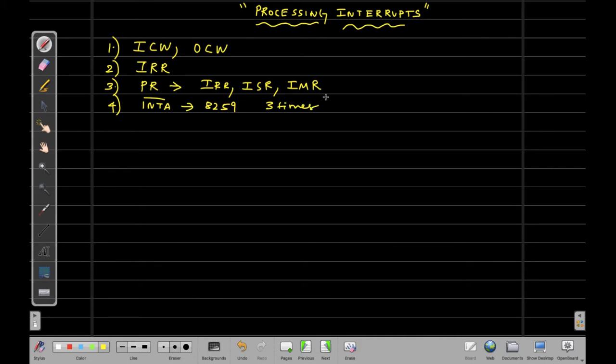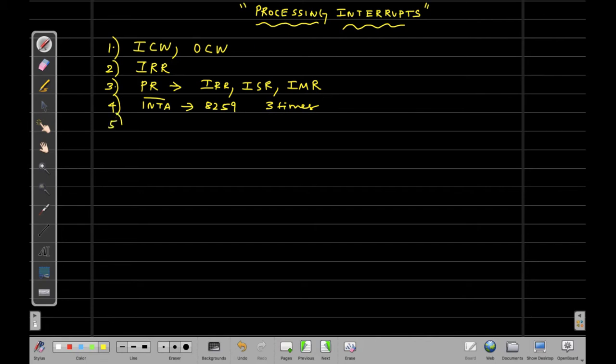The purpose of sending the same signal 3 times is to read the opcode of the call instruction. During the second and the third INTA pulses, the 8085 processor will be able to read the vector address of the interrupt which is being requested. So this is the purpose of the INTA signal. This signal is coming from the processor to the 8259.